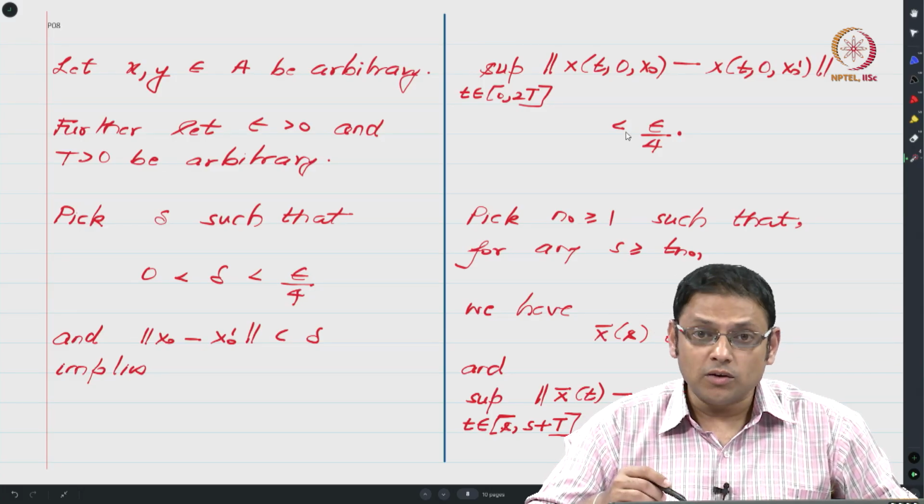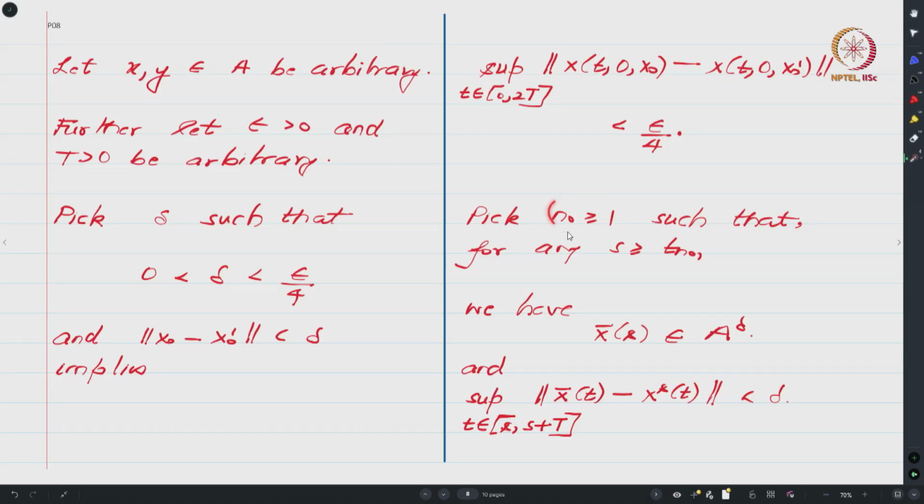Now we are going to pick n naught bigger than or equal to 1 such that for any s bigger than or equal to t_{n0}, your x bar s lies in the delta neighborhood, or the delta expansion, of A. Such a t_{n0} indeed exists because we have shown in the previous class that eventually the linearly interpolated trajectory lies in any desired neighborhood of A. Here we are focusing on this delta neighborhood.